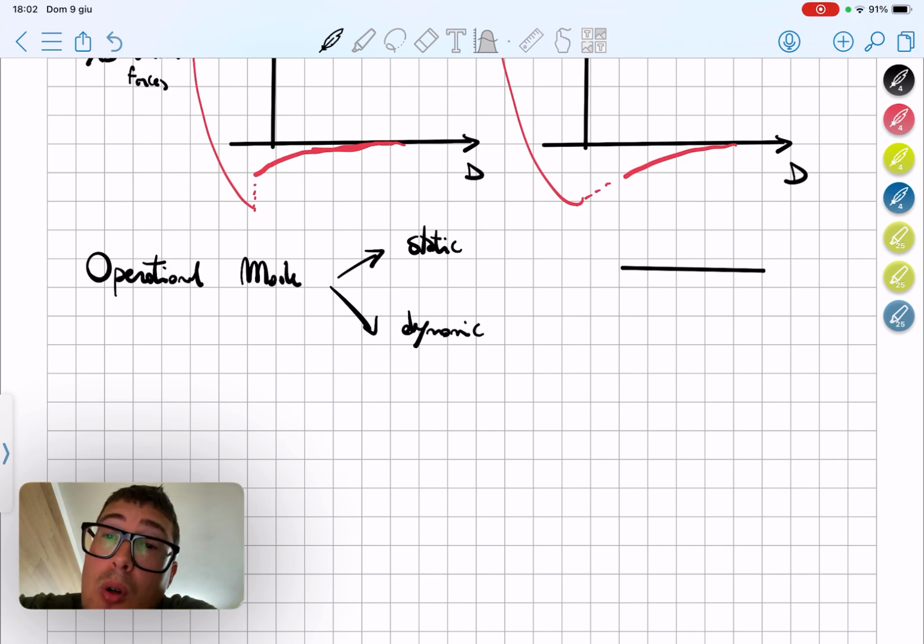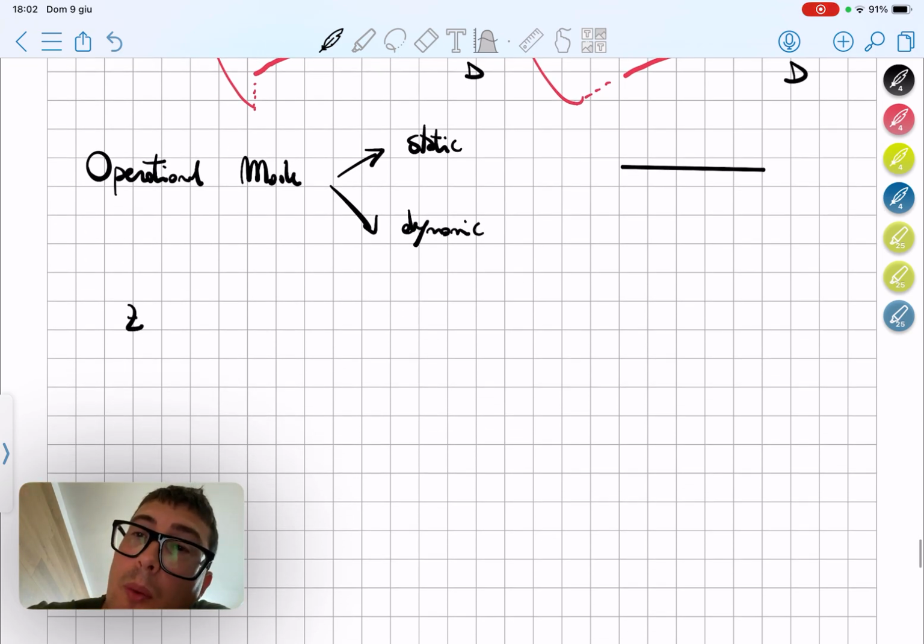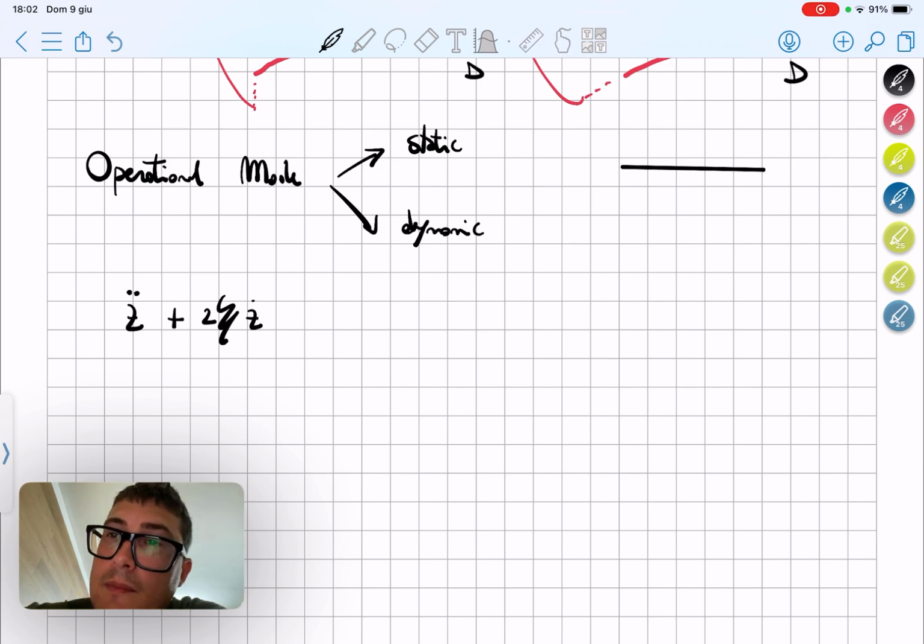For the dynamic mode, we need to think of the cantilever as, let's say, a mass-spring system, which is forced and damped, of course, because there is the damping. Maybe it's simpler to write down the equation, so we can think about an equation of motion which would be something like this.